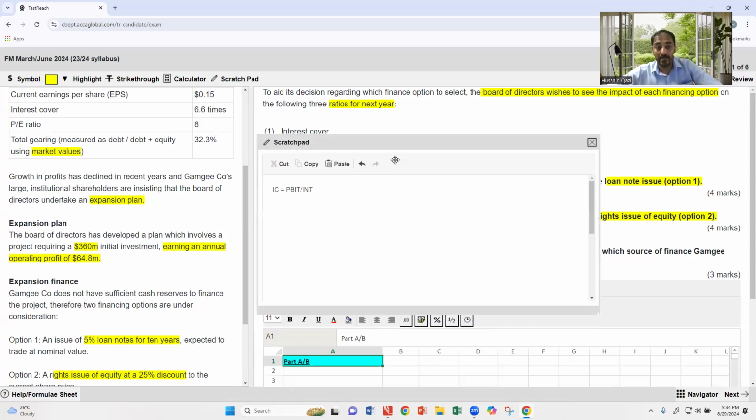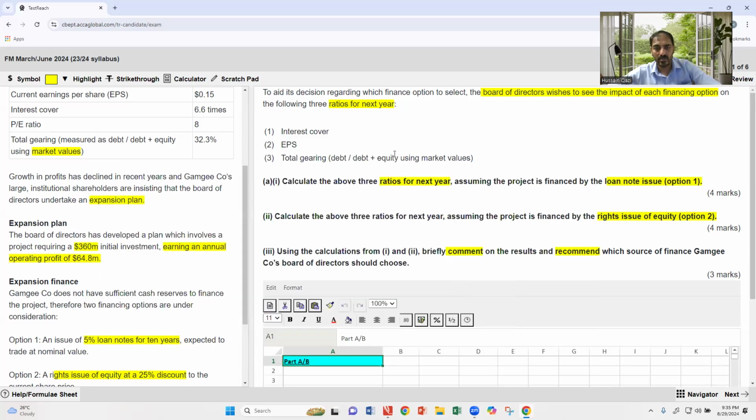You also need to recall EPS, very simple. EPS is equal to profit after tax divided by number of shares. That's very basic. Gearing is debt over debt plus equity, but important is that it is market value based.